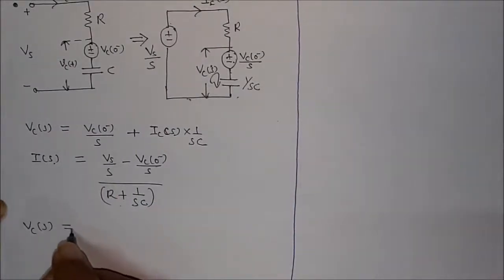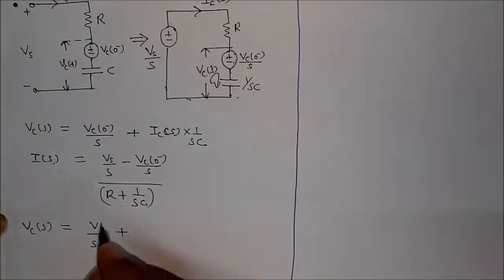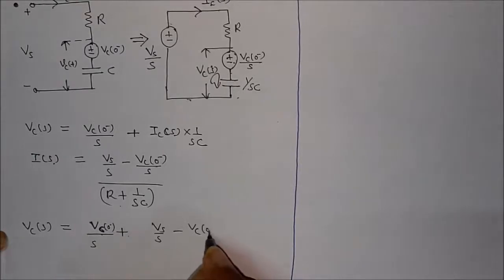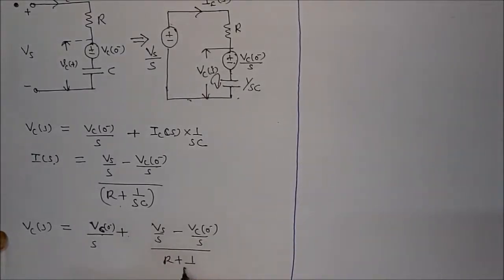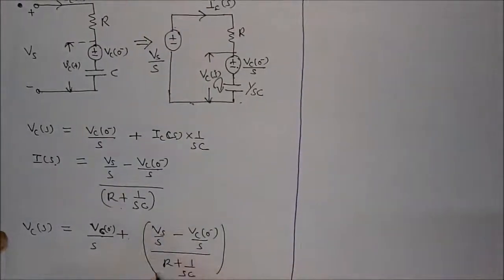Vc(s) is equal to Vc0 minus by S plus Vs by S minus Vc0 minus by S divided by R plus 1 by SC. This is Ic(s) multiplied by 1 by SC.